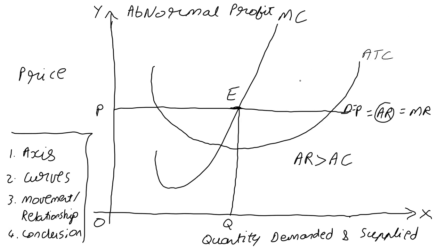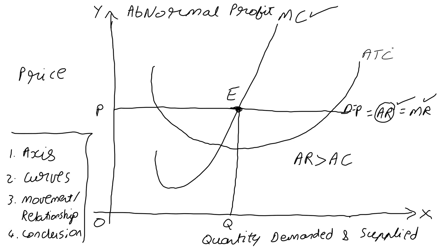Because the entire ATC is now reduced, we do the same thing. Where are we? We are here. That was your old equilibrium point. Where is your new equilibrium point going to be? The same spot where marginal cost equals marginal revenue. That is not changing. How much is your average revenue?